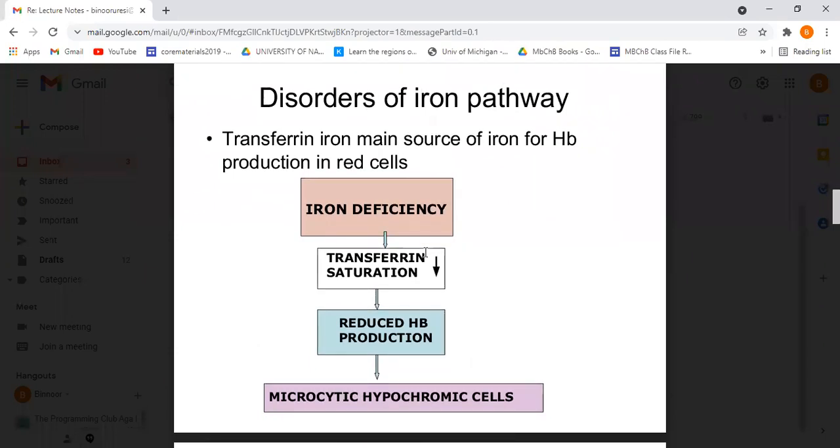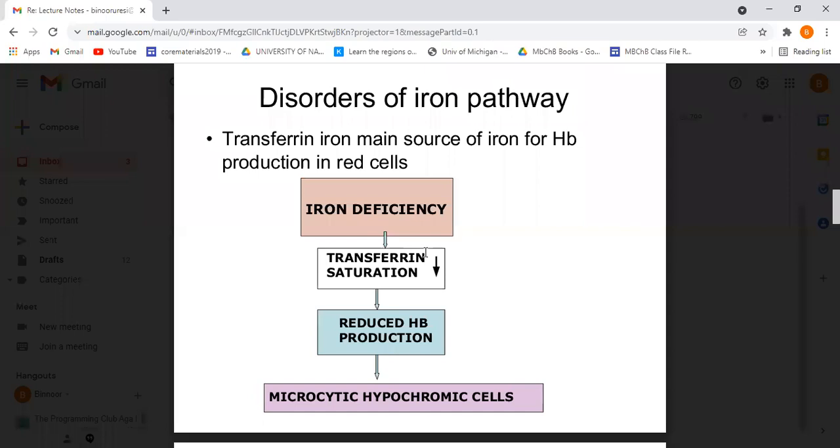So you can also have disorders of the iron pathway, meaning we know that transferrin iron is the main source of iron for hemoglobin production in the red cells. So if you have iron deficiency, what we've just talked about, the main thing is that there's no availability of the transferrin.